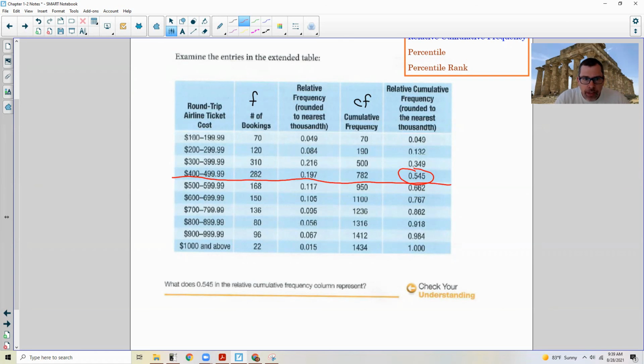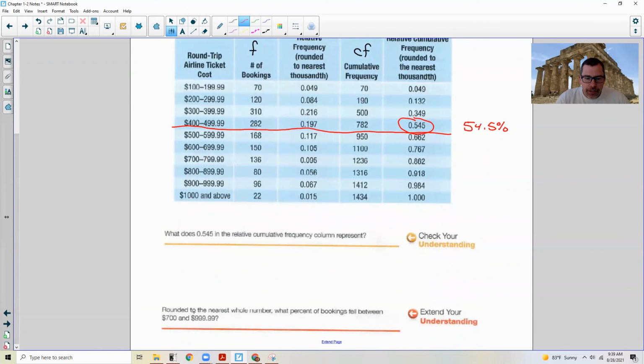So what they're saying is round trip airline tickets that cost between $100 and $499.99 represent 54.5% of the airline tickets that we are talking about in this set of data. Okay, so 54.5% are under $500.